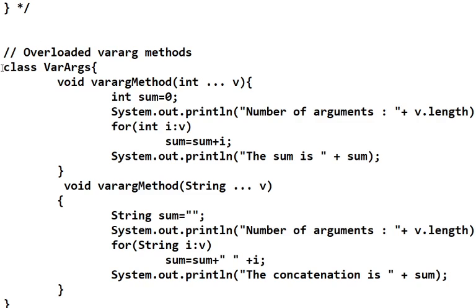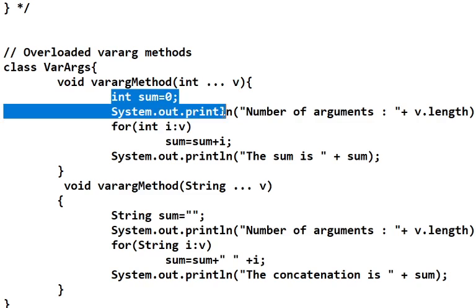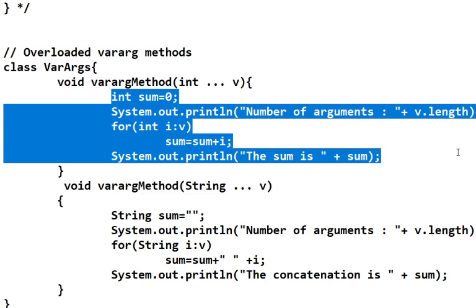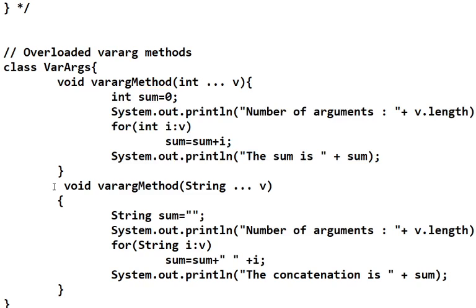In this class, this is the same as the previous one. I have a variable length argument v. It takes some number of integers. So I have again printing the number of arguments, finding the sum, printing it. I have an overloaded method here, same name, vararg method, okay, but here instead of passing integers I'm passing strings.